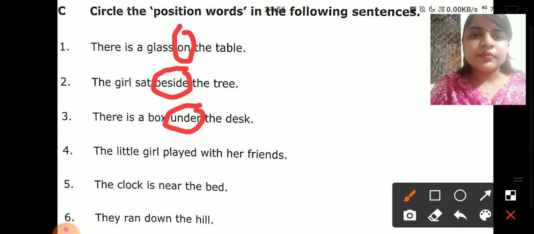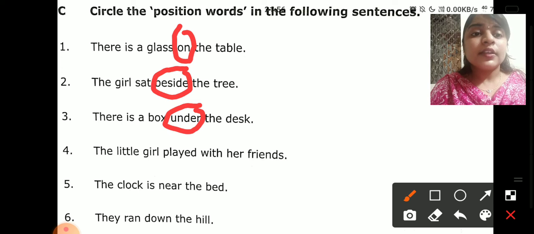Are all doing it with me? Good. Number 4. The little girl played with her friends. Again I repeat. The little girl played with her friends. So what do you need to circle? With.